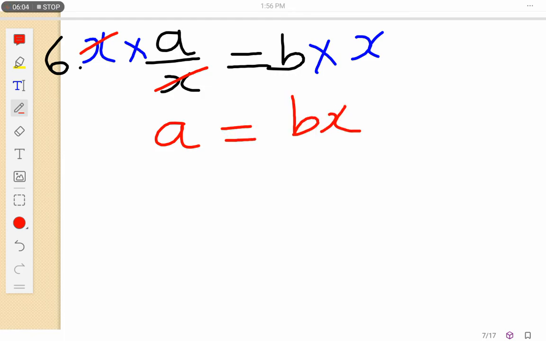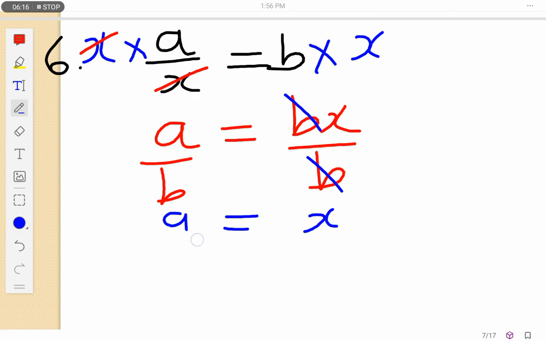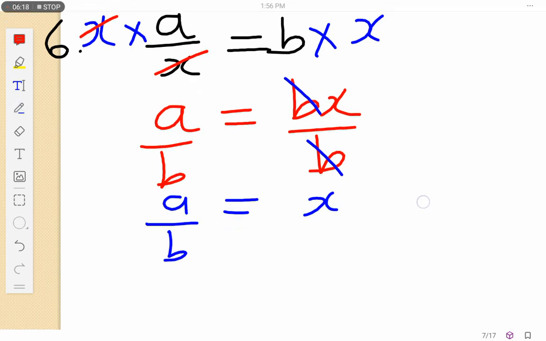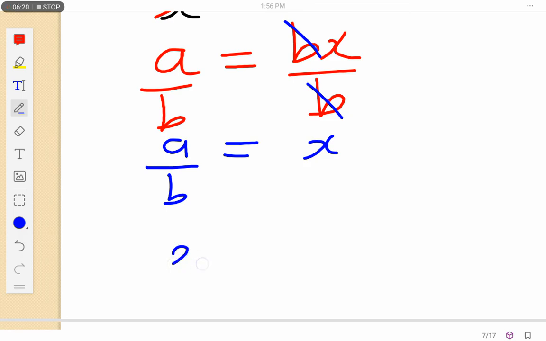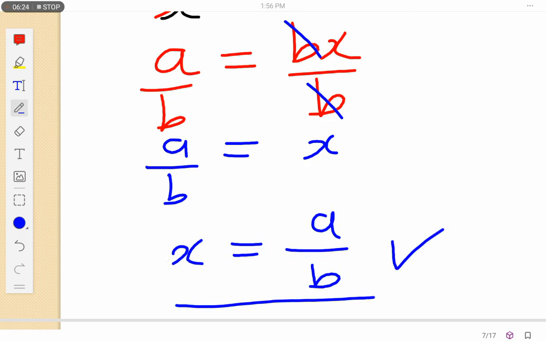Now we can divide and remain with x here. So I will divide by b, such that the b's will cancel off each other and we will get x is equal to a over b. Then we write it in the proper way, which is x is equal to a over b. So that's how we do this one.